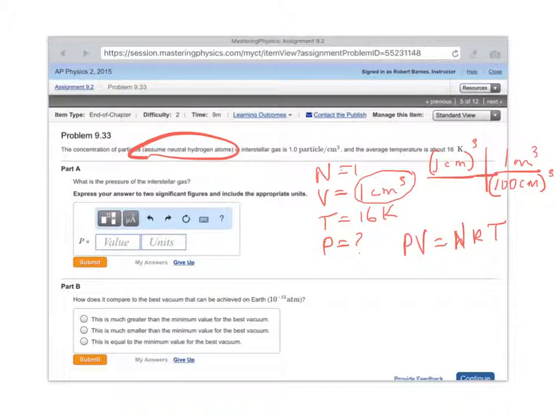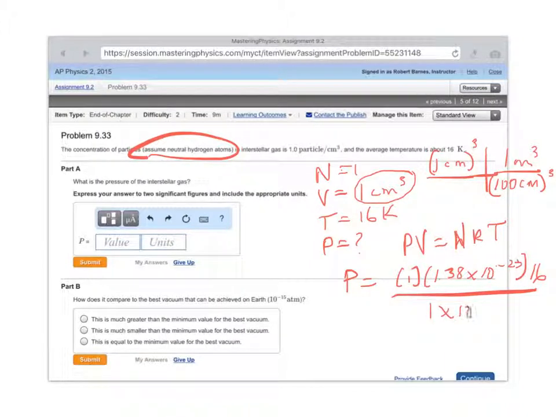So I'm going to get 1 over 1 million, so 1 times 10 to the negative 6th there. All right, so pressure is going to be N, which was 1, times k, 1.38 times 10 to the negative 23rd times 16, all over 1 times 10 to the negative 6th cubic meters. And the pressure is going to come out to be in pascals.